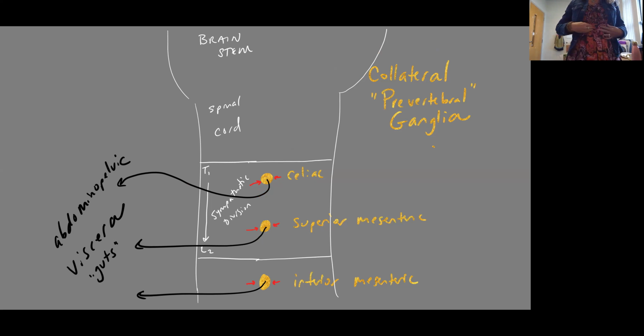So you have celiac here at the top, and then you have the superior mesenteric, and then you have the inferior mesenteric moving down towards your pelvic region, okay?